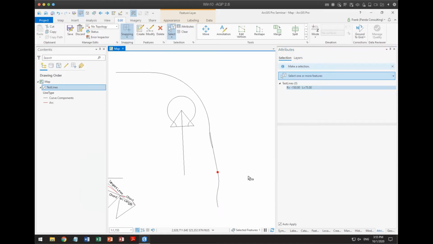So I think there's still work that has to be done on the traverse to let you flip back and forth like we used to be able to flip on curves.